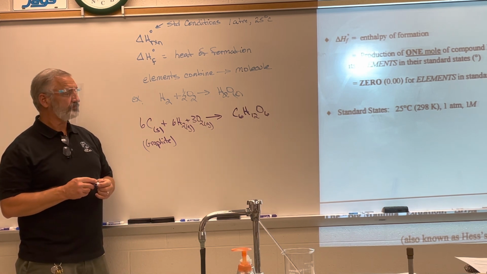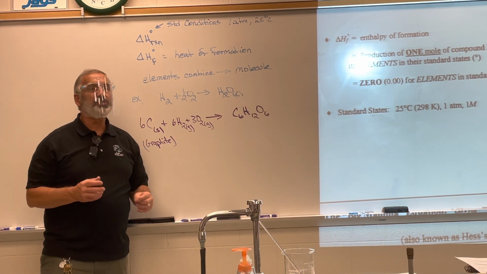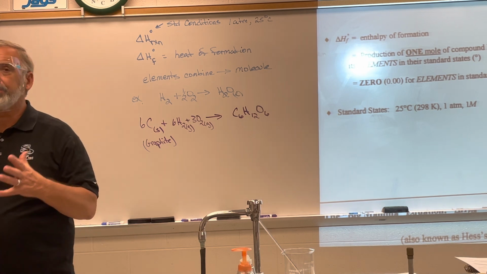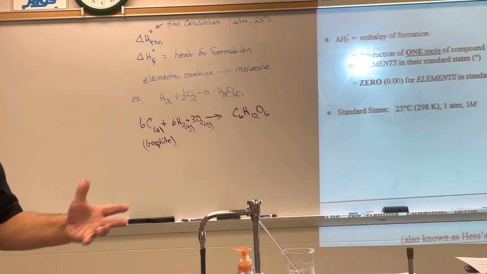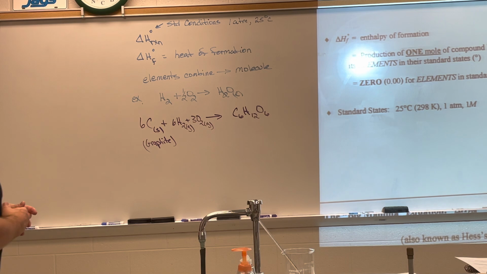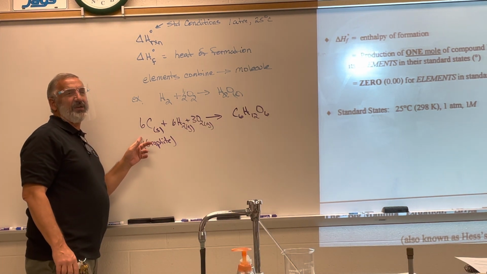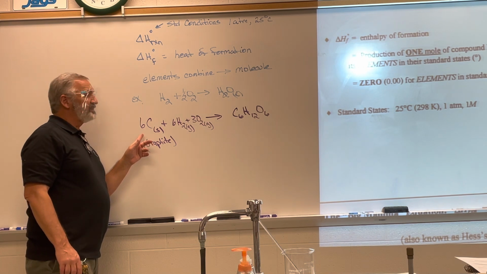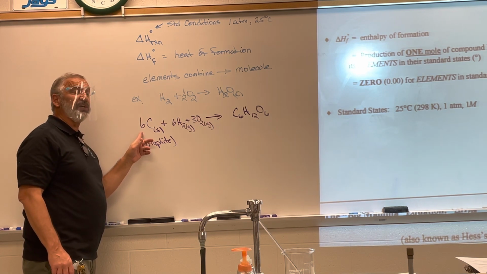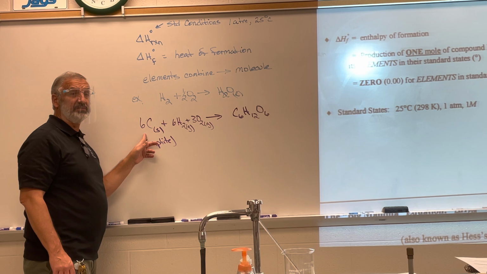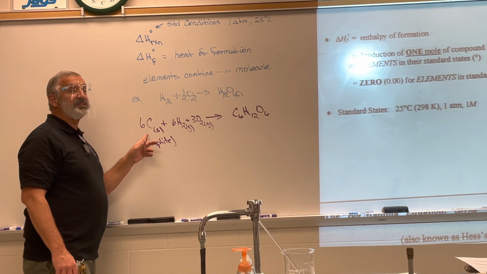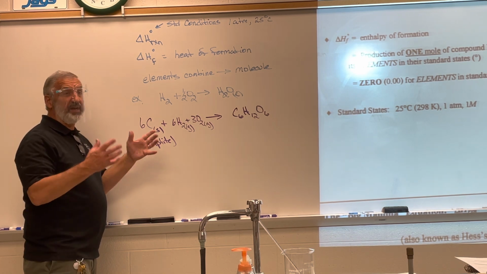Now, we don't know how much energy is present in any particular substance. We already said that about a piece of paper. What scientists have done, and the way we get around this, is they assume the heat of formation of an element is 0. Because elements are already formed. They're there.